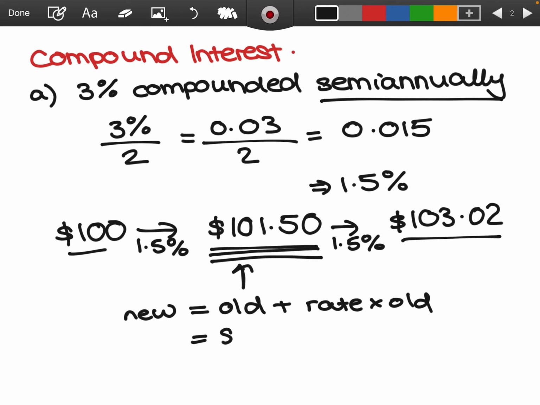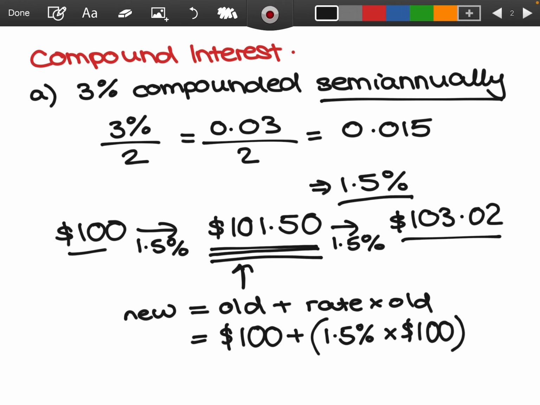So for my example here, it was $100 plus the rate that I had per period, which was 1.5%, multiplied by that original value, my principal of $100.